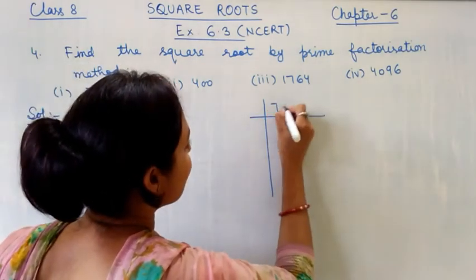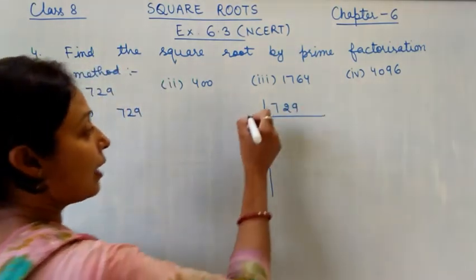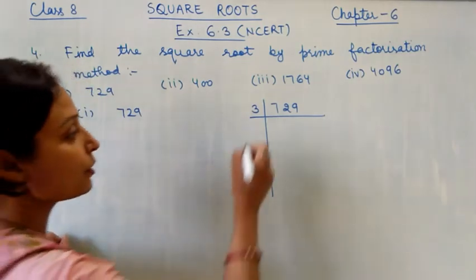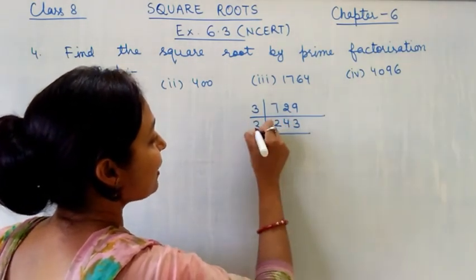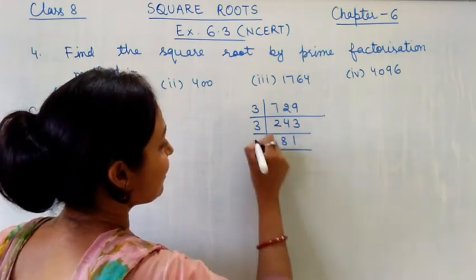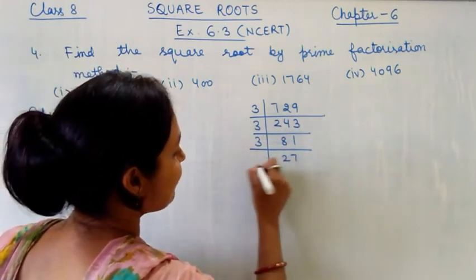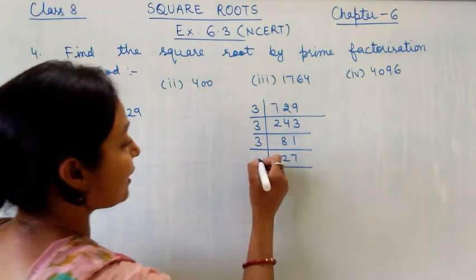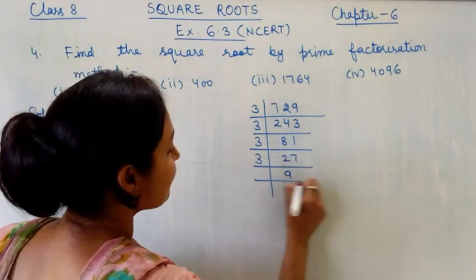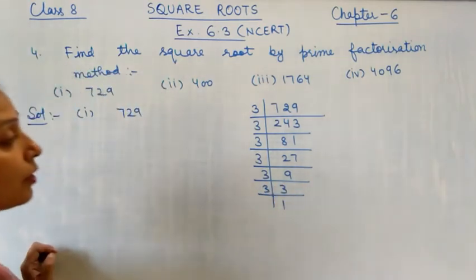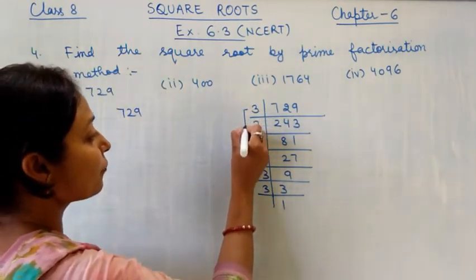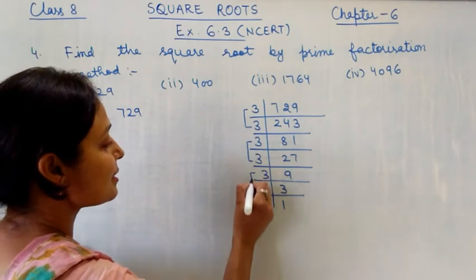Take 729. It is divisible by 3. 3 2s are 6, 3 4s are 12. Continuing: 243, 81, 27, 9, 3, 1. To find the square root we have to make pairs like this.